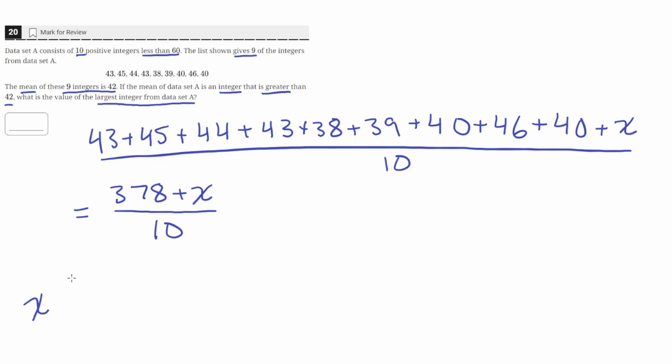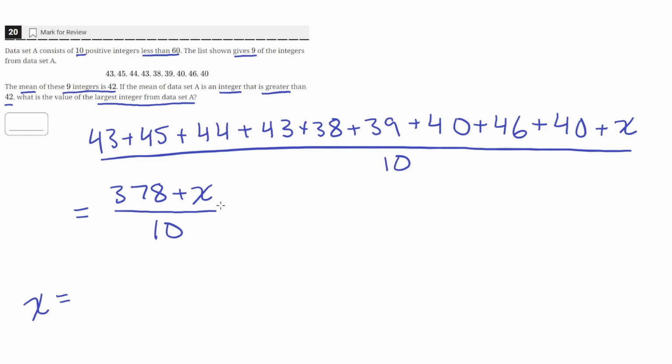Okay, so now we know that the mean of dataset A is an integer, which means that in order for this mean to be an integer, this numerator has to be divisible by 10. And that's only possible when the numerator is a multiple of 10.